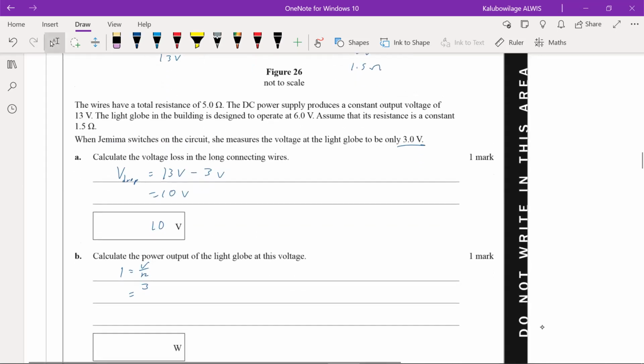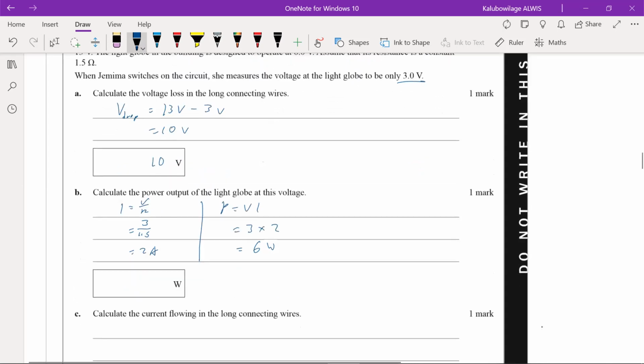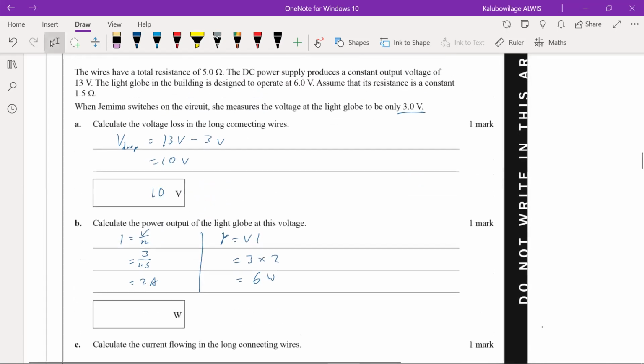They give us 1.5 to 2 amperes, and power is P equals VI. We have the voltage, the current, 6 volts. I think you can just use P equals V squared over R for this as well.